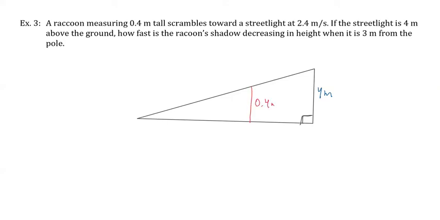In the first case, they started close and they walked away, so the shadow was increasing. In this case, the raccoon is walking towards, so look how its shadow is decreasing. And everything's changing. This is changing, and this is changing, and this whole length is changing. So we need an x and a y.